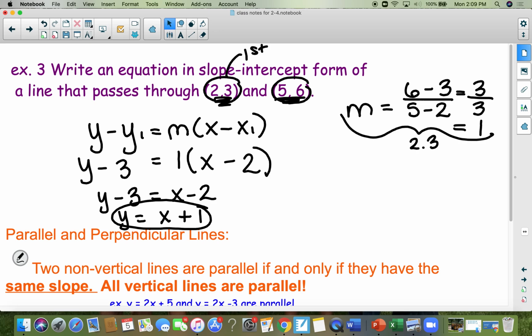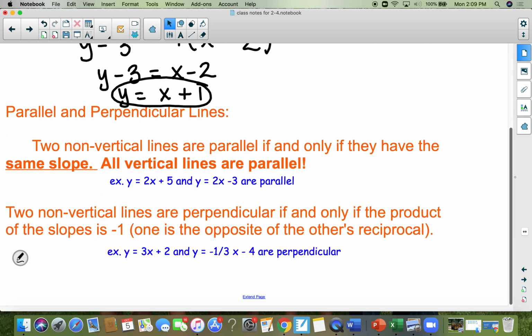Okay, the last part of the notes. Parallel lines. Parallel lines have the same slope. So if I graph those two, they should be parallel because they have the same slope. Perpendicular lines don't have the same slope.